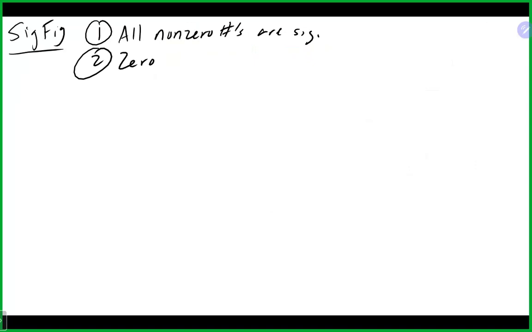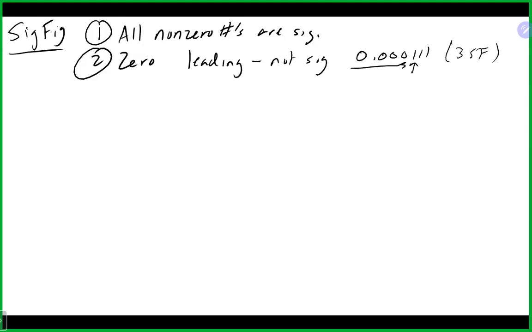So remember, there's basically three different types of zeros. There is the leading zero, which is not significant. Those are all the zeros that come before we hit the very first non-zero number, and they would not be significant. So in this case, this would have three significant figures, the last three ones.